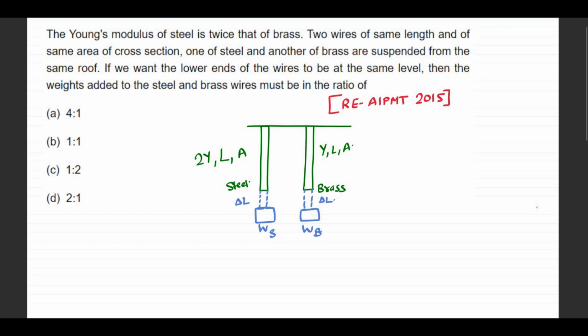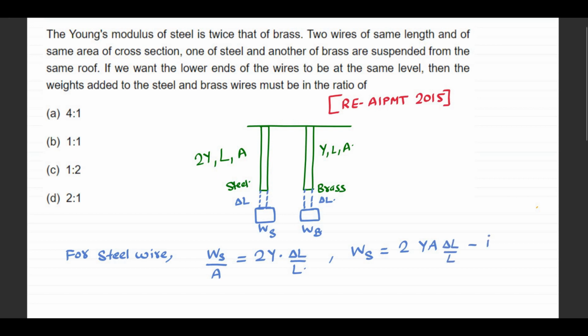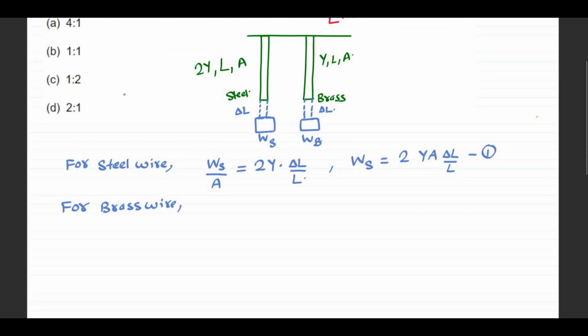Now for steel wire, I can write Hooke's law as, so WS is, similarly for brass wire, I can write.